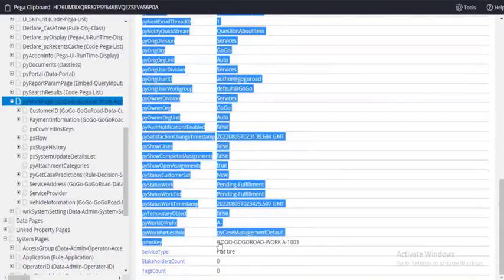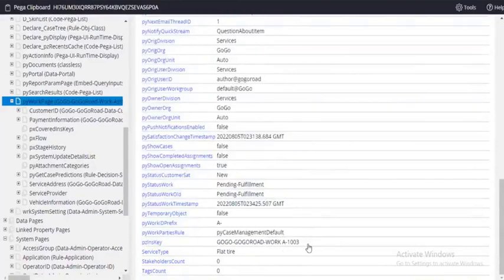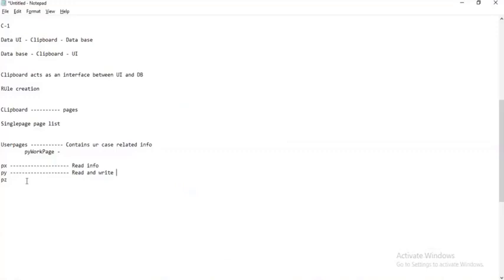PZ properties are used for Pega internal processing. If you can use them, you can also use them, but those are all for Pega processing, the Pega platform or Pega rule engine. This is also read-only, but used by Pega.